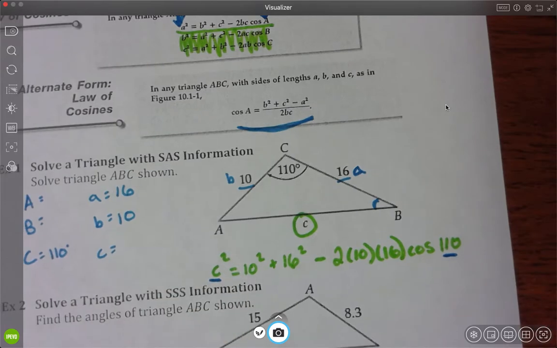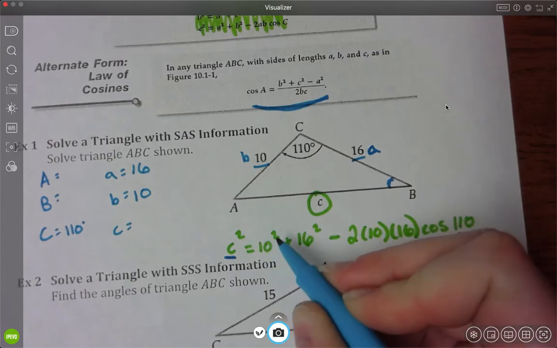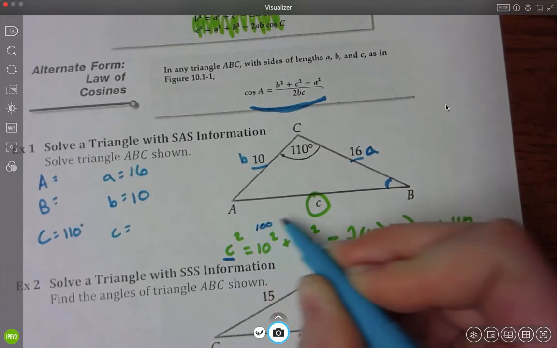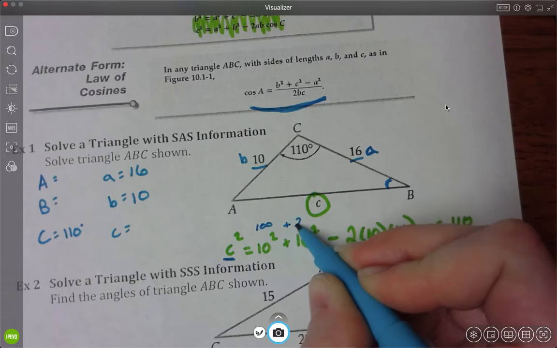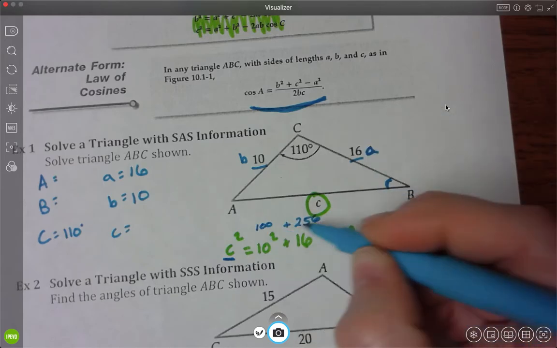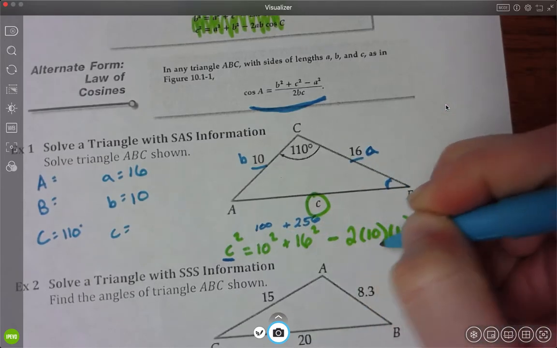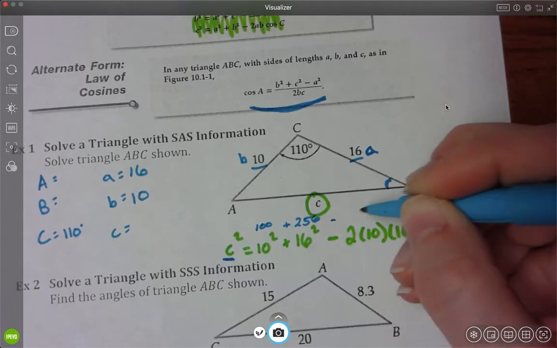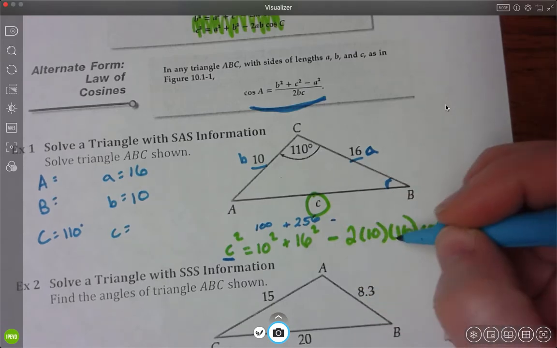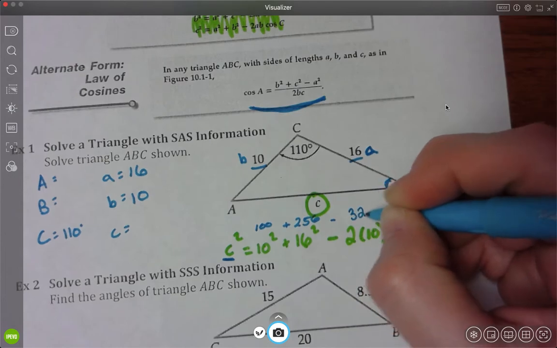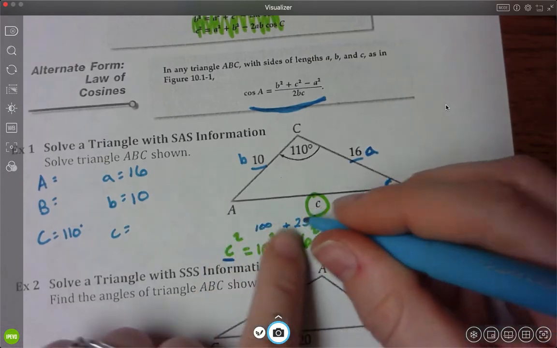Now here's what people will do a lot. 10 squared, they'll write that out as 100, great. 16 squared I think is like 256, but they'll add those two together and then subtract, let's see, 2 times 10 is 20, times 16 is 320. They'll put those three things together.